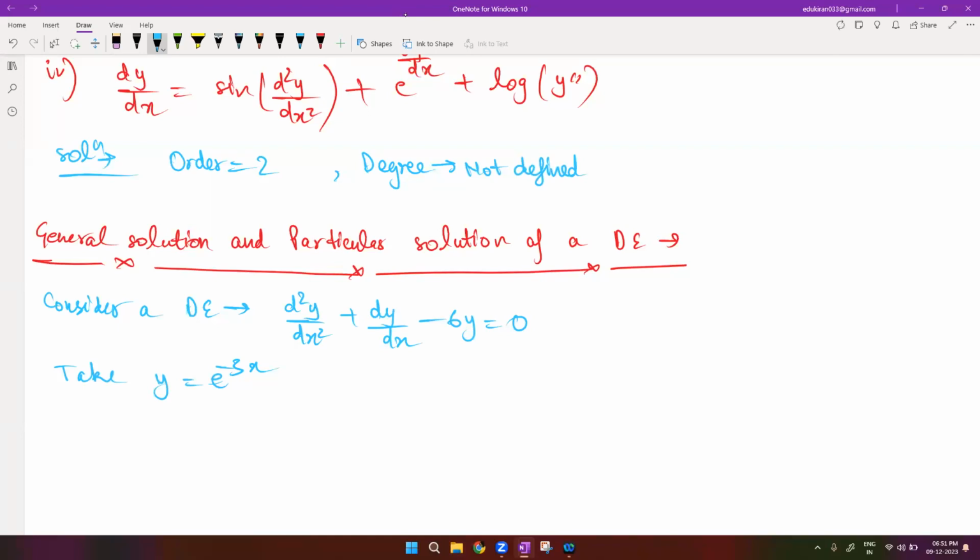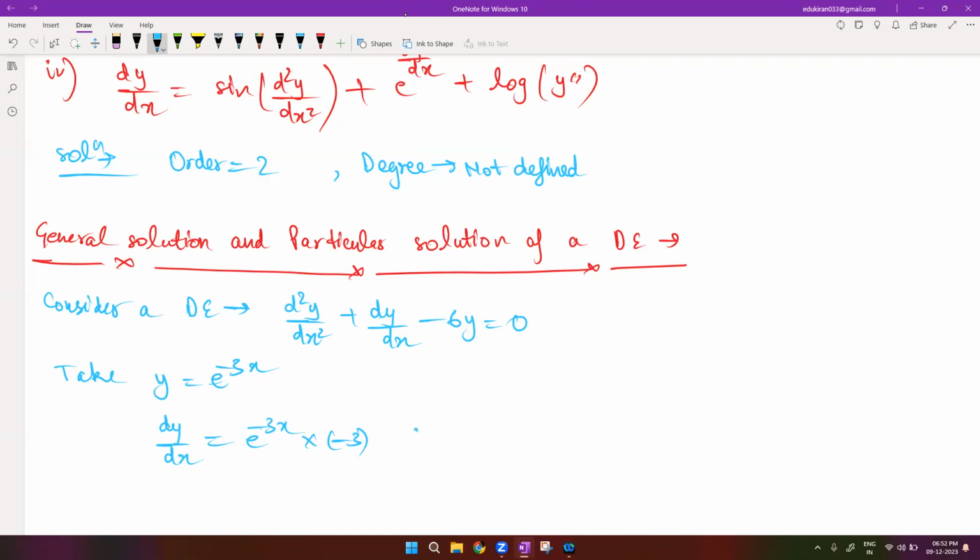Now, if I take this function and calculate dy by dx and d2y by dx square, let's calculate dy by dx first. If I differentiate this whole equation with respect to x, the left hand side will be dy by dx, and the right hand side will be e to the power minus 3x, because e to the power x is e to the power x, then we move on to minus 3x, which gives minus 3, right?